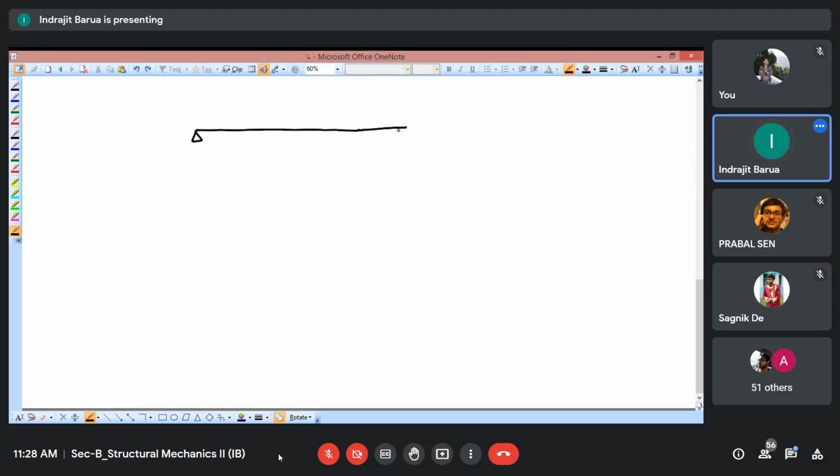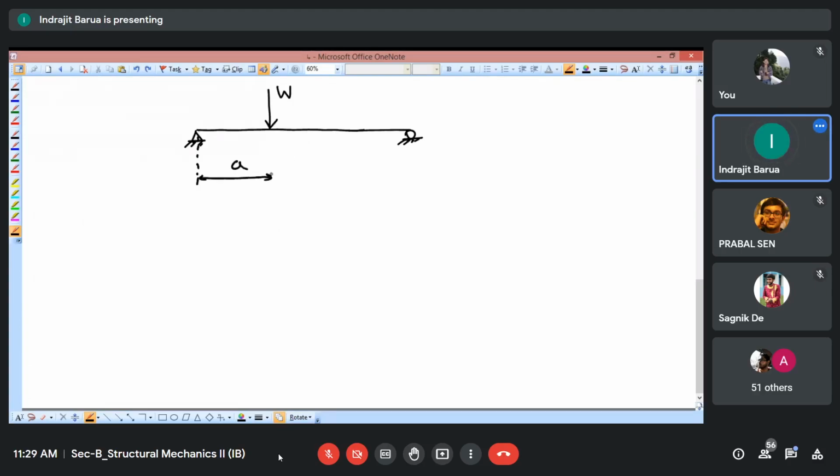So this is a simply supported beam, and this time I am applying W here, because many of you are comfortable with W, which I have seen.